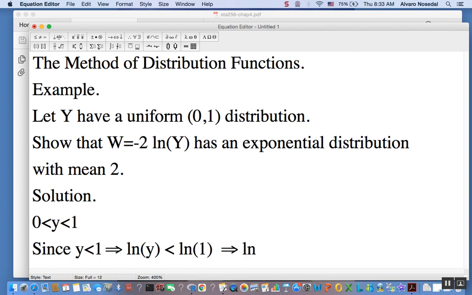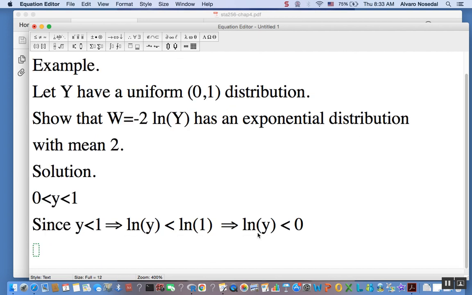But natural log of 1 is what? 0. Okay. And then once we multiply by -2, the direction of the inequality will change.